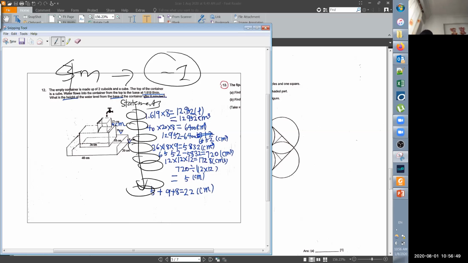可以吗？So times 8, 1.619 times 8, what is this? What's the first? What is this? 就是求它8分钟会有多少个水进去。Very good.